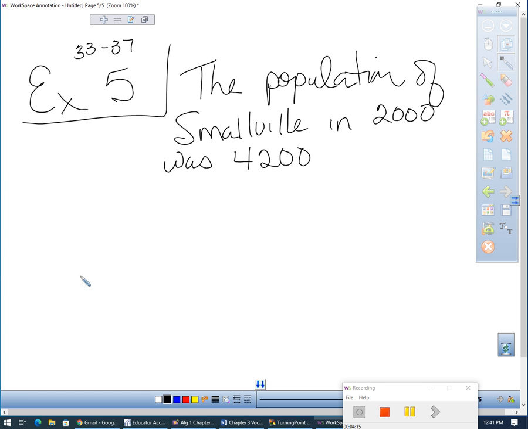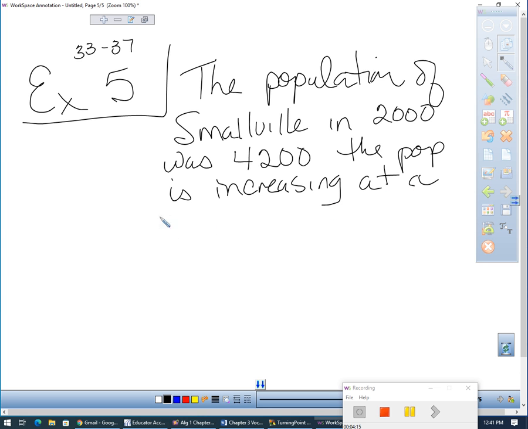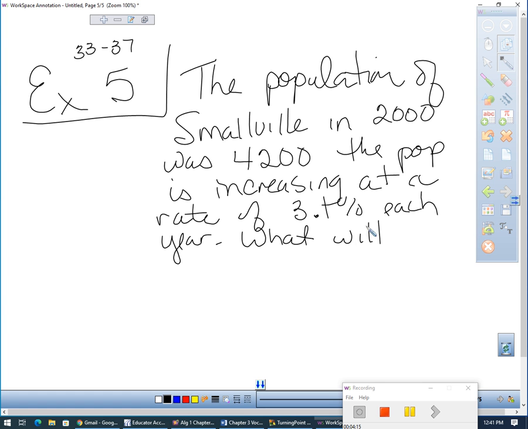It's a small little place. The population is increasing at a rate of 3.1% each year. What will be the population in 2025?